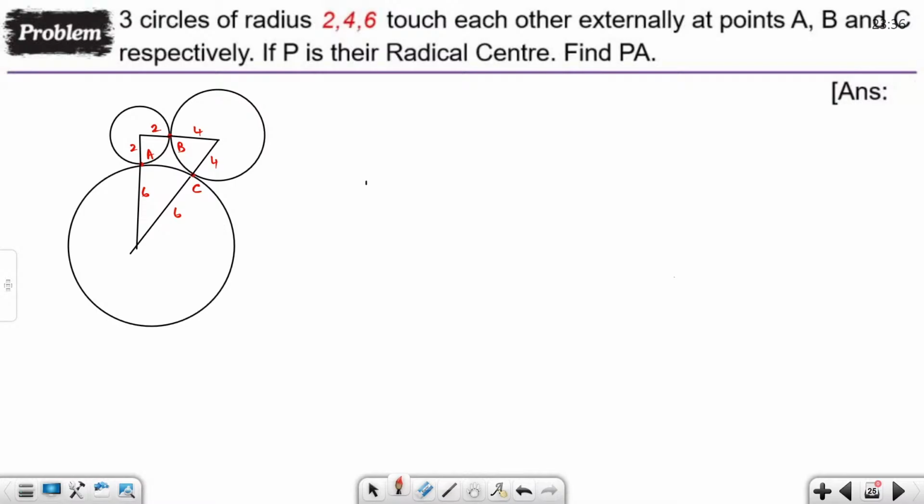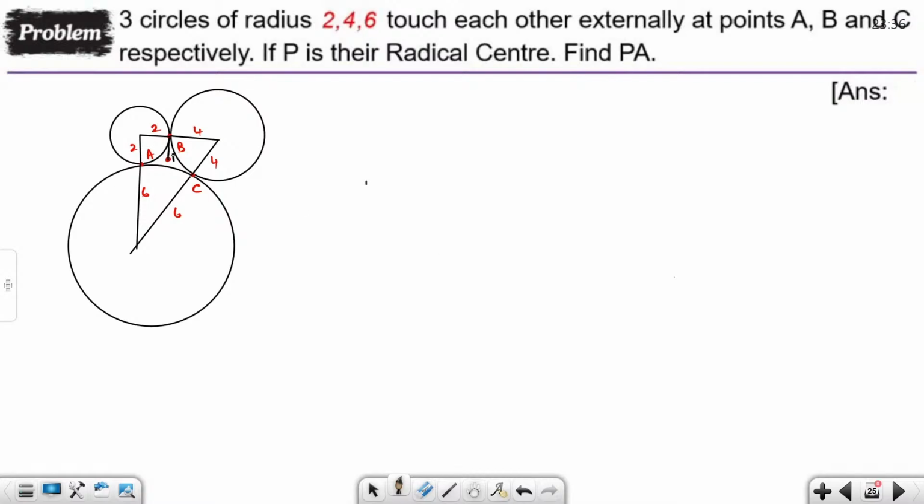Now, they have said that P is the radical center. P is somewhere here, right? If P is the radical center, find PA. That is, you have to find out the distance PA.